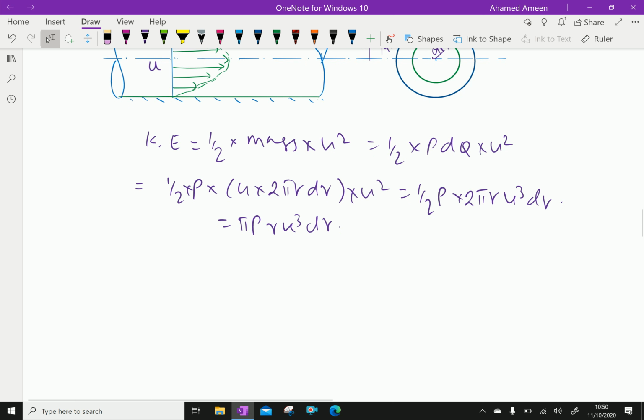Now this is the kinetic energy with velocity u.